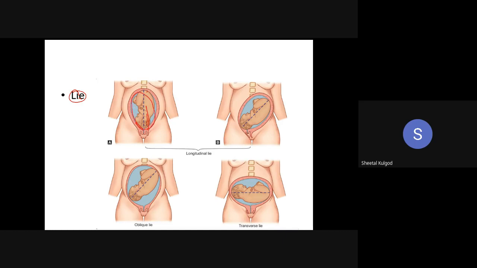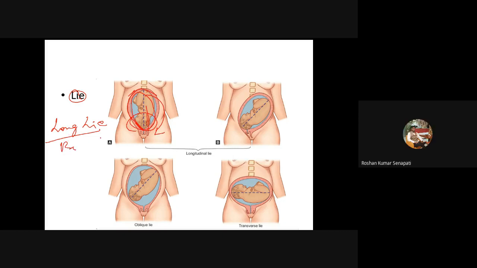So that is called the lie. When the longitudinal axis of the fetus is parallel to the longitudinal axis of the uterus, that is a longitudinal lie. The longitudinal lie could be where the head is down, which we call a cephalic presentation, or it could be breech down, which we call a breech presentation.